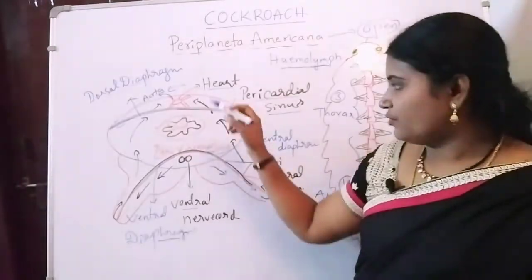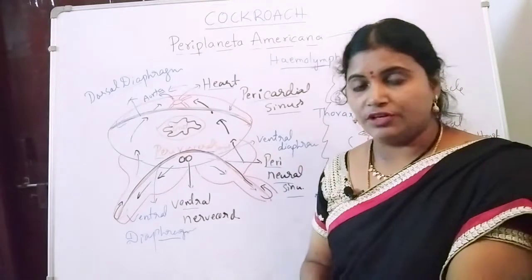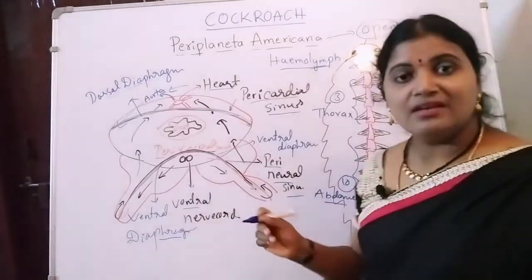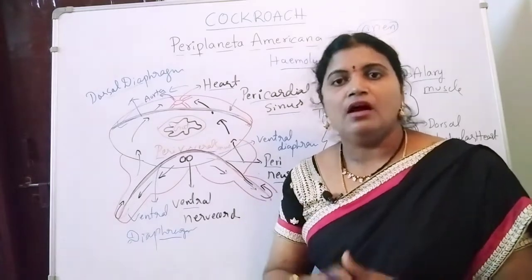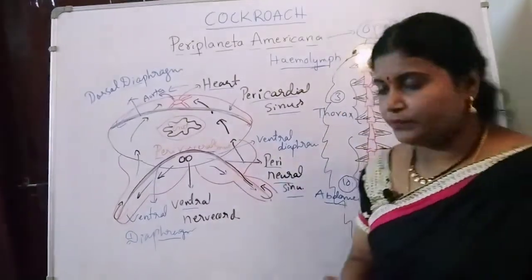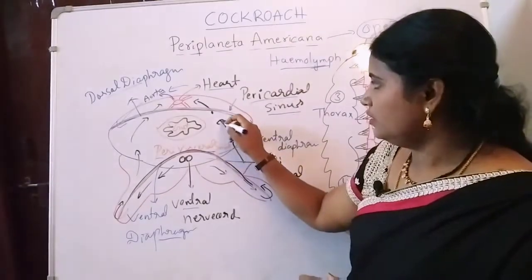So from the aorta it is going to supply the hemolymph directly into these neural spaces. Sinus is nothing but the spaces in the body. From the sinus again the heart is going to receive the blood.